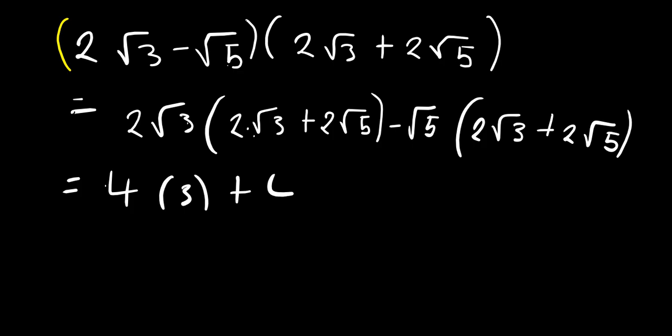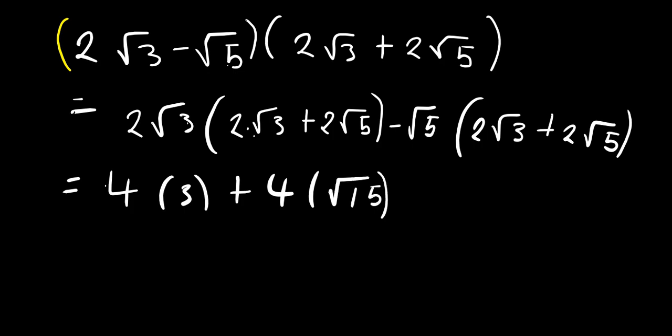So we say 4. Now we've got root 3 multiplied by root 5, which gives us root 15.